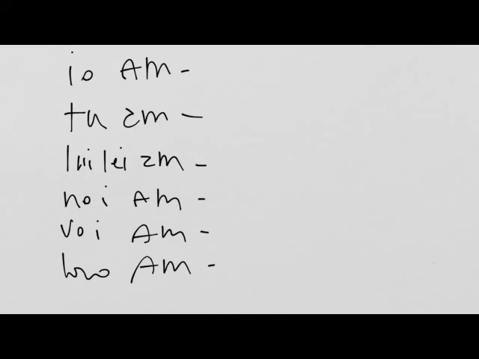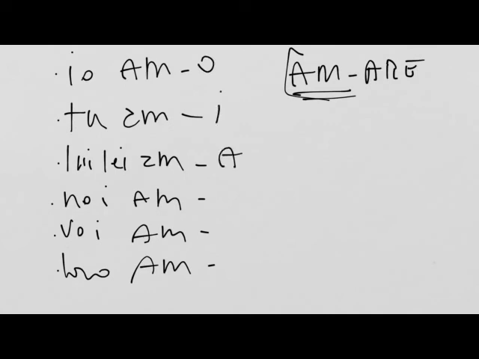We saw that amare is made out of the root, and we can call the endings the branches, I don't know, the leaves. So this means to love, and you know that each person in Italian will have a different ending. Io amo, tu ami, lui ama, noi amiamo, voi amate, e loro amano.